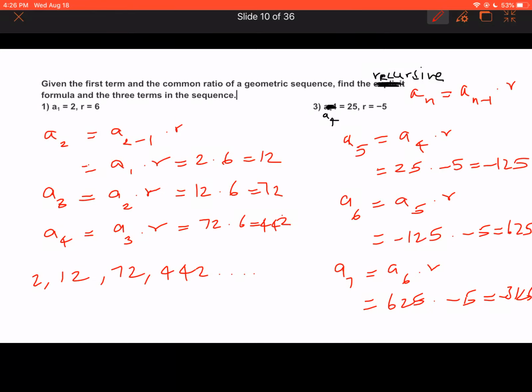So for the terms after the given number, we are getting one positive number and the next term is a negative term because the r value is a negative value. Just keep this in mind because in the next problems it will be helpful for us.